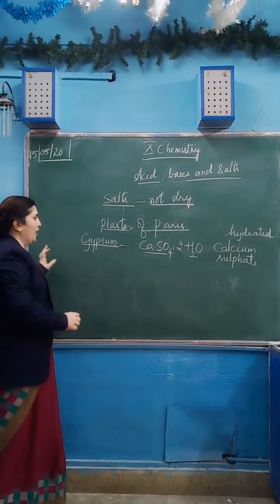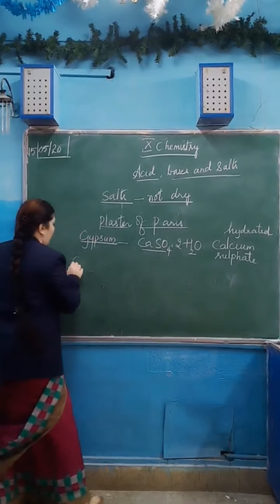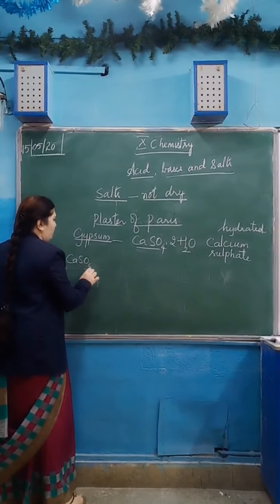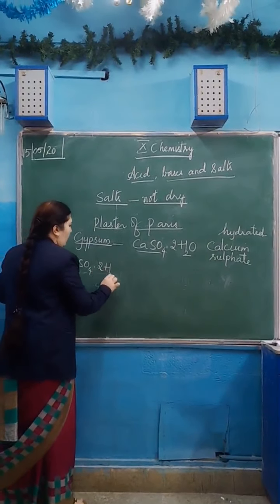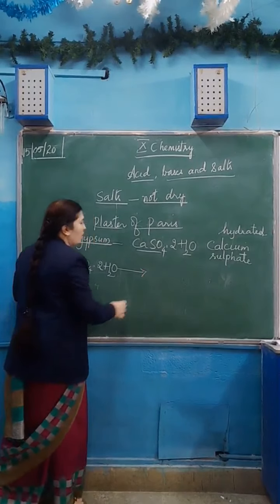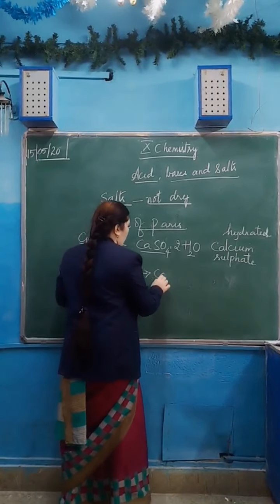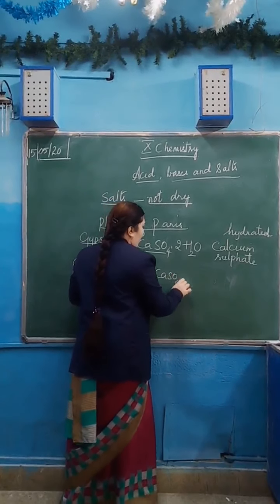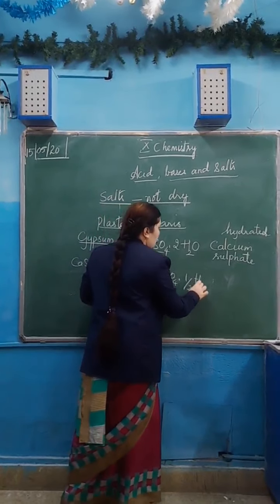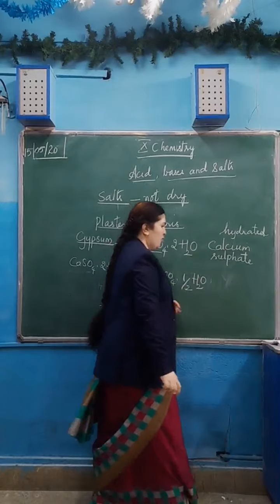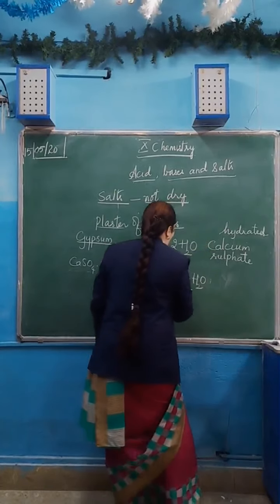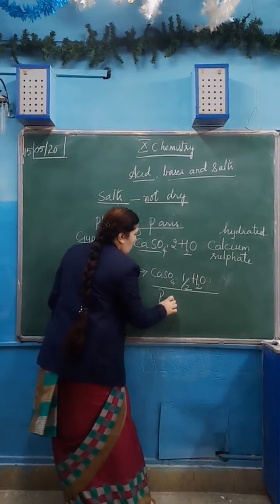When you heat this gypsum, calcium sulfate, it will change into calcium sulfate hemihydrate, CaSO4.1/2H2O. This is called plaster of Paris, POP.